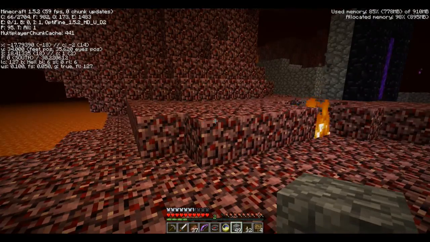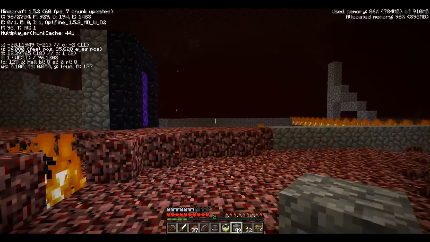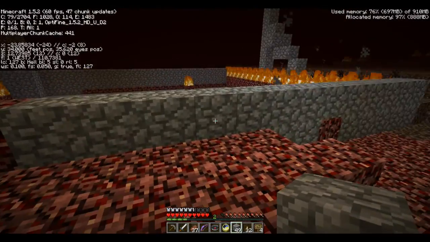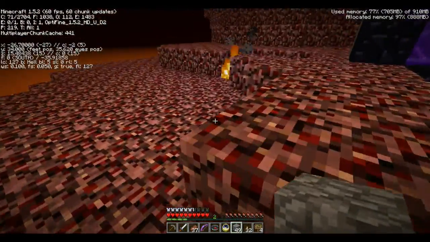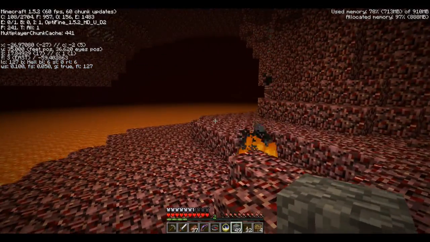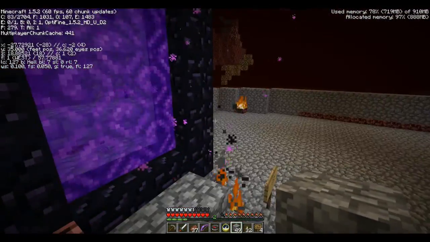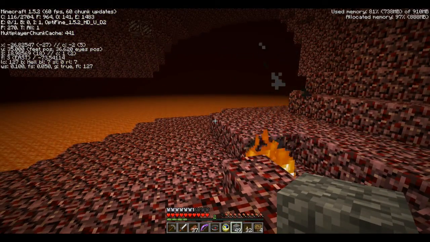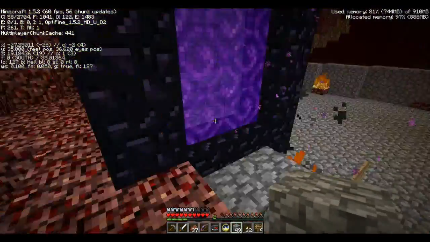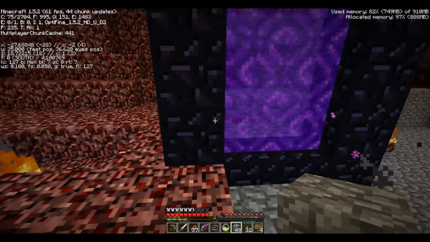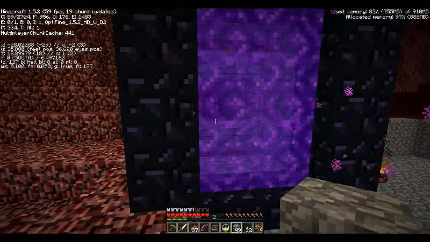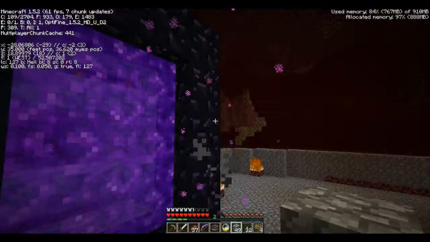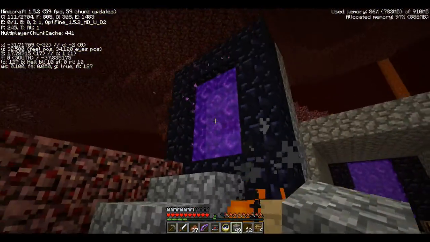So, for example, if the X coordinate was 80, then you would be at the X coordinate of 10 in the nether. So it synchronizes with the closest nether portal, and luckily this nether portal is actually incredibly close. It's off by very few blocks, which means that it has synchronized with this nether portal. So if I go through this nether portal, it'll take me to the upstairs nether portal in my base, and if I go through the one in my base upstairs, it will take me to this nether portal, which means that these are both synced up.